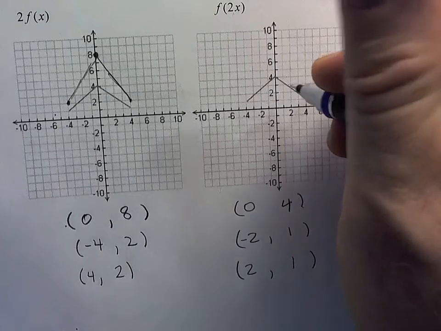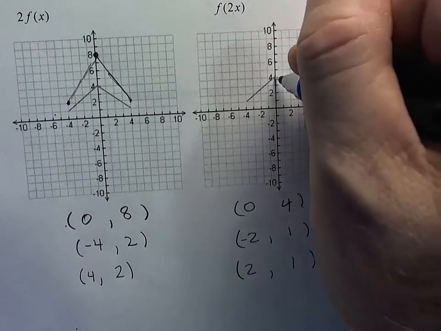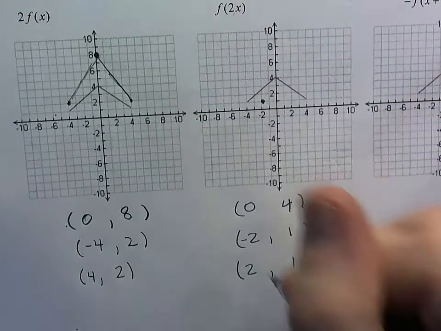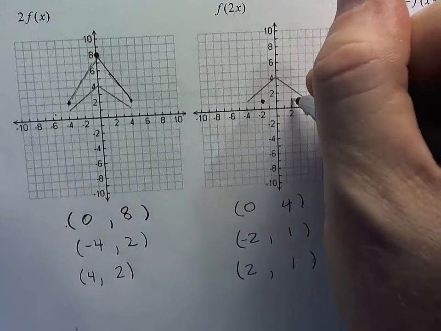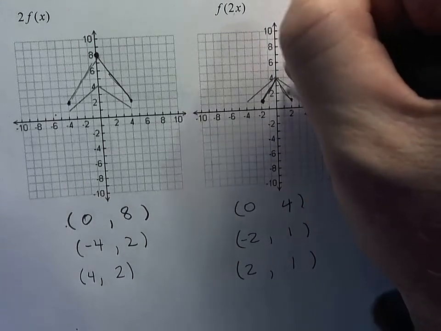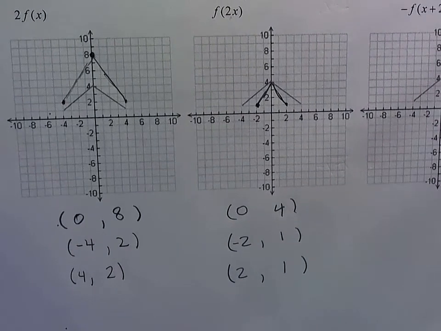We've got (0, 4). Okay, nothing's changed there. (-2, 1). And (2, 1). So there's what it looks like. Okay.